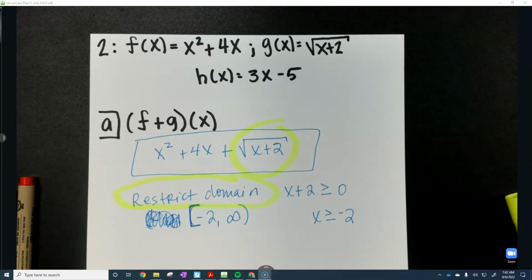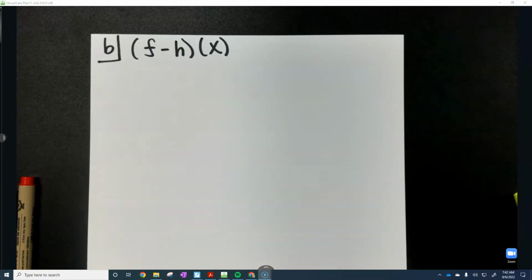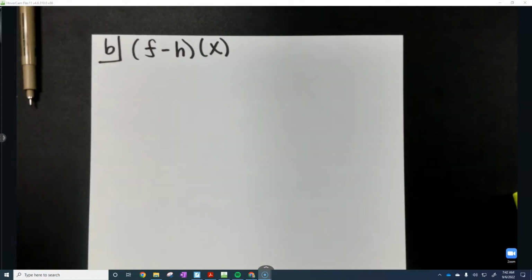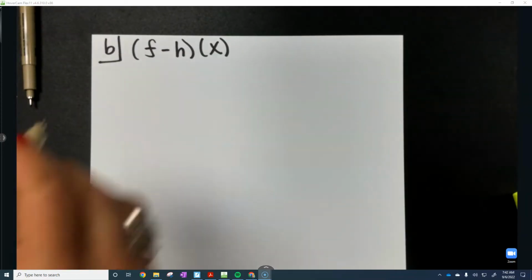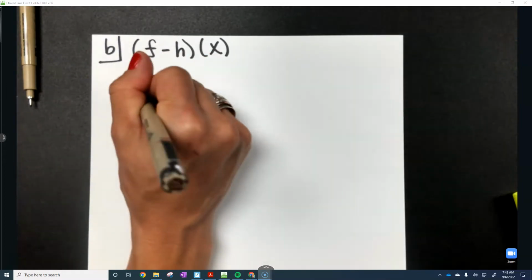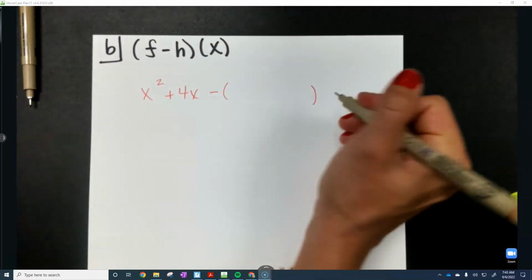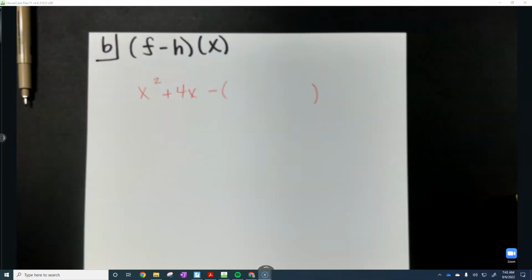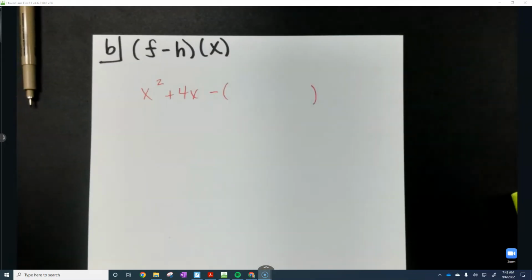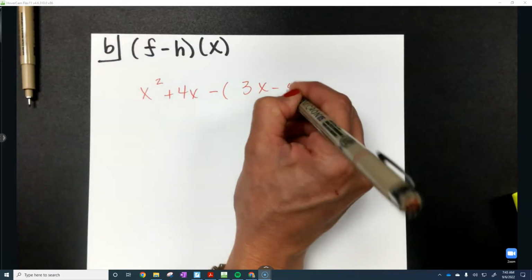Let's go ahead and look at part B. So for part B, guys, we are going to be subtracting. Don't forget to distribute that negative. So when we subtract, let me go ahead and recopy f of x. So x squared plus 4x. And then I'm going to write minus, and I'm going to drop h in my parentheses. I've left some space there. And h is just 3x minus 5.